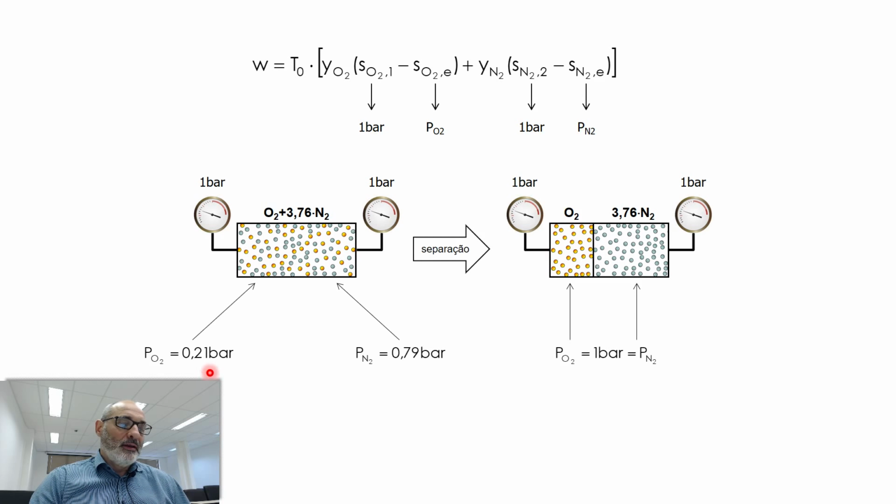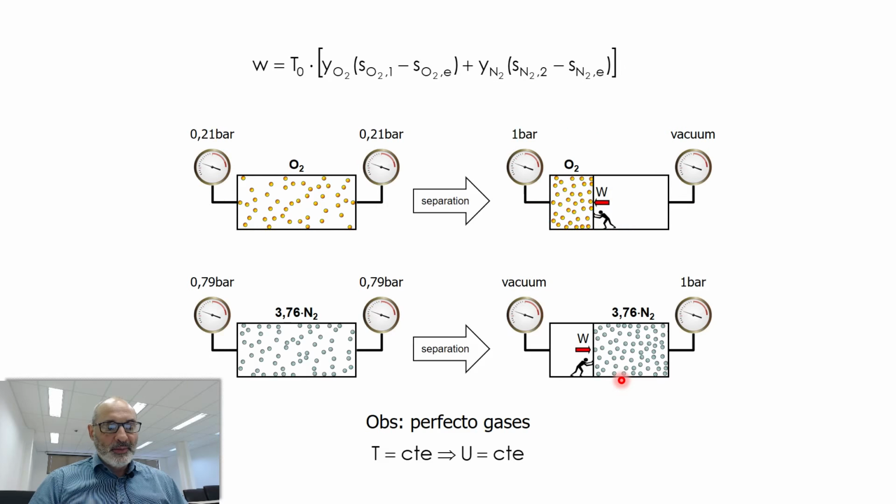So actually, oxygen molecules are being compressed from 0.21 to 1 bar, okay, and the same, nitrogen is being compressed from 0.79 to 1 bar, okay. So that's the calculation that we have to do. And it's an isothermal compression process because we said that temperature is going to remain constant.